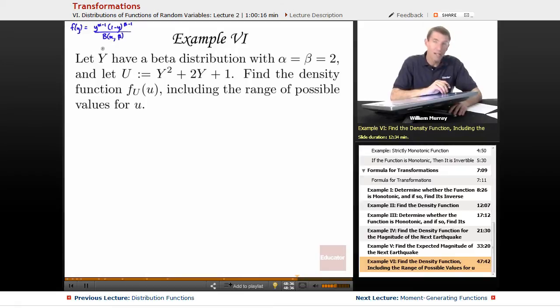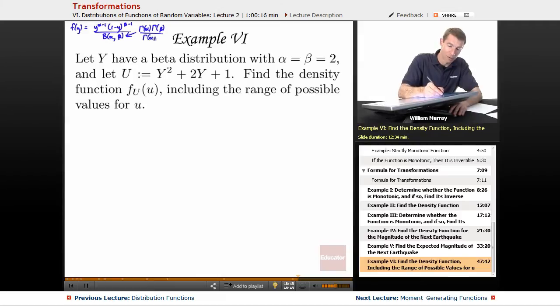And B of alpha beta in turn is capital gamma of alpha, capital gamma of beta over capital gamma of alpha plus beta. So what we have to do is interpret this with alpha and beta equal to 2.